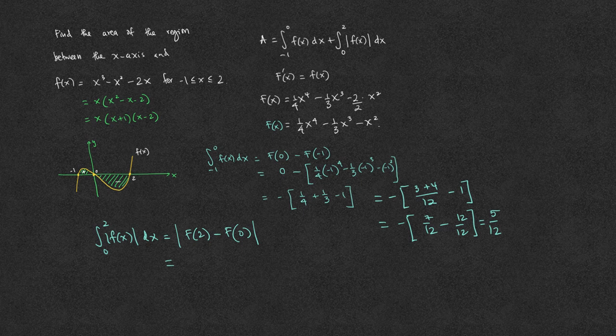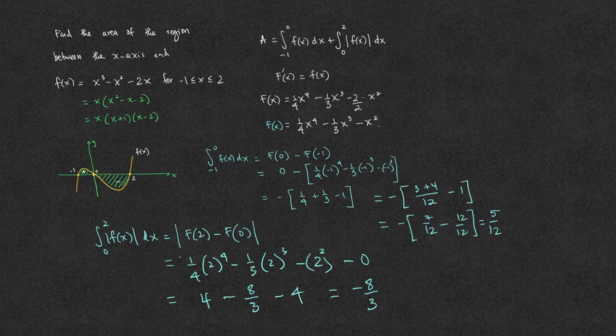F of 2 is 1 over 4 times 2 to the fourth, minus 1 over 3 times 2 cubed, minus 2 squared, minus F of 0, which we know is 0. 2 to the fourth is 16, and 16 over 4 is 4. Minus 2 cubed is 8, so 8 over 3. Minus 2 squared is 4. So we end up with negative 8 over 3. But don't forget that we take the absolute value of this, which is 8 over 3.